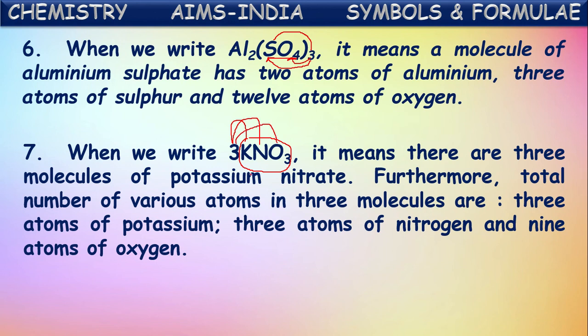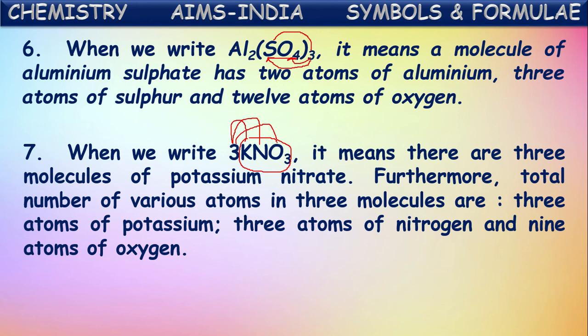Now we can say there are 3 potassium atoms and 3 nitrogen atoms. At the same time, 3 into 3, because already here one more 3 is there, so 3 atoms in each of 3 molecules. So 3 into 3, totally 9 oxygen atoms are present in the given substance 3KNO3.